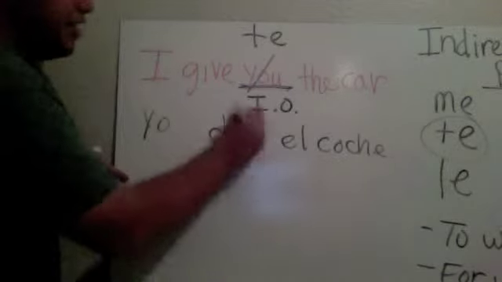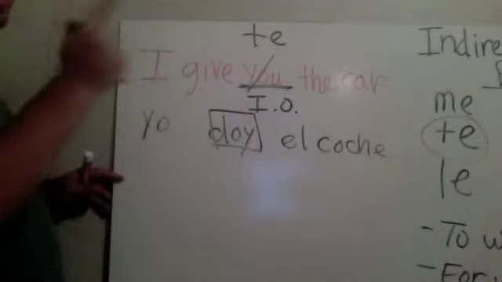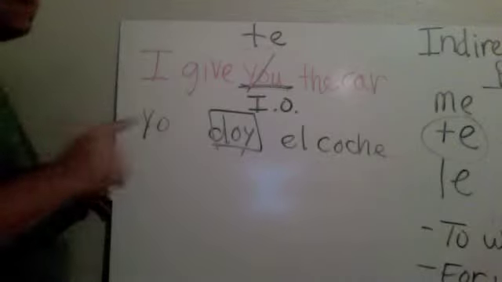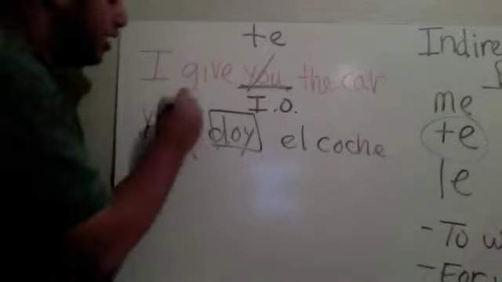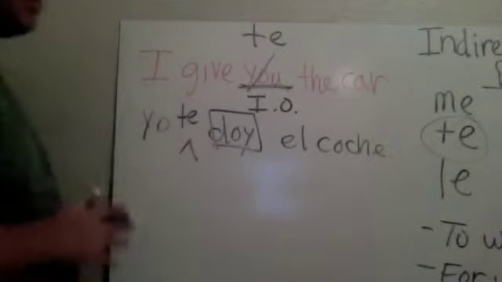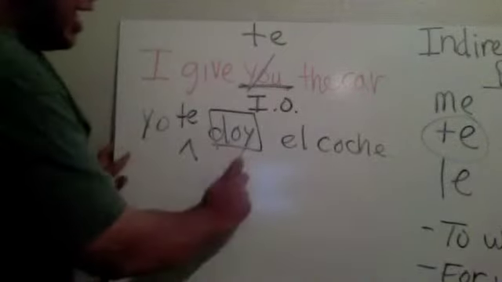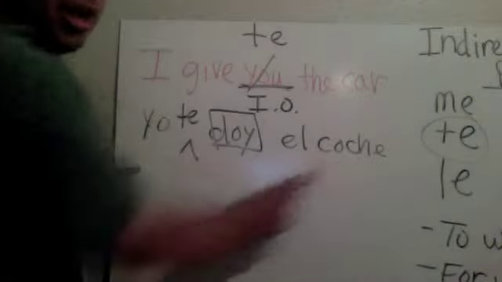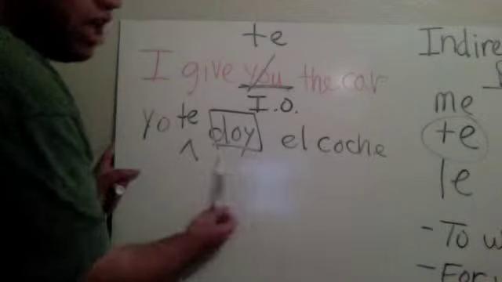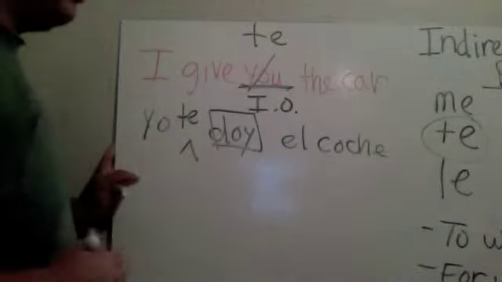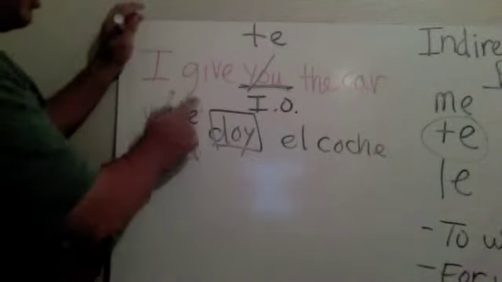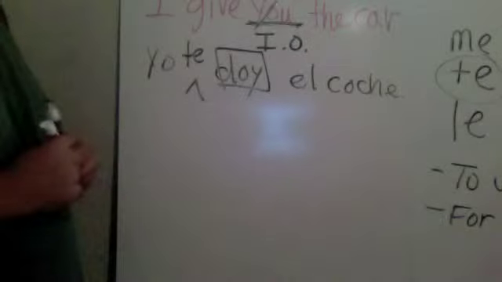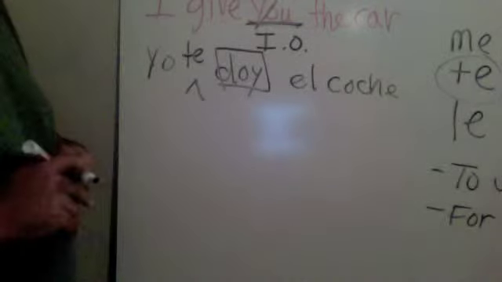Here's our conjugated verb. Just like our direct object pronouns, our indirect object pronouns have the same placement rules. Yo te doy el coche. I give you the car. Doy is our conjugated verb, and one of our options for direct object pronouns was to put it right before a conjugated verb.